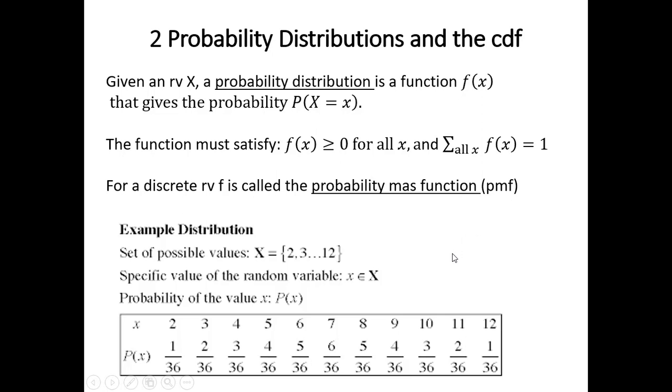So here's an example. Suppose we're tossing a pair of dice. So that is the experiment. We're tossing a pair of dice, and we're looking at the sum of the two numbers on the dice. So this gives us a discrete random variable x. x could be any number from 2 to 12.